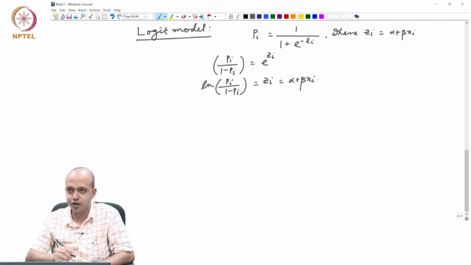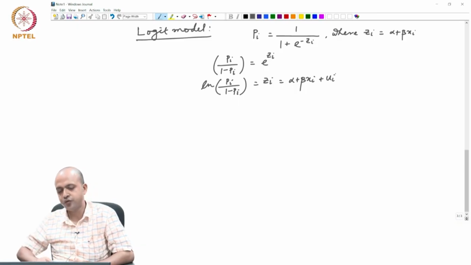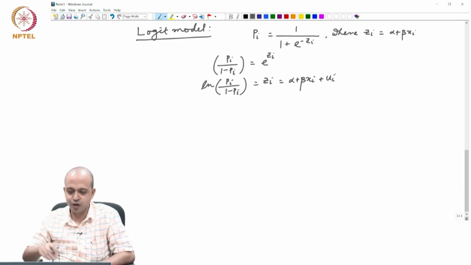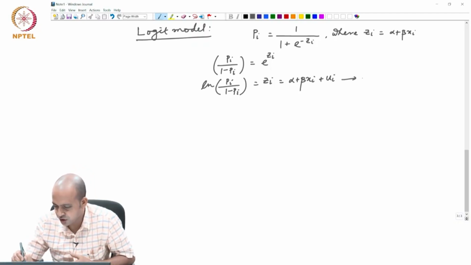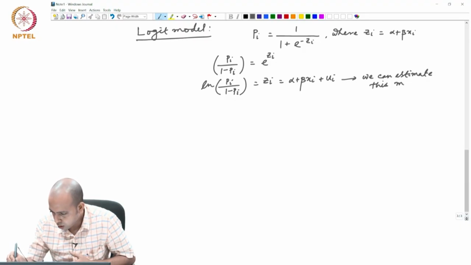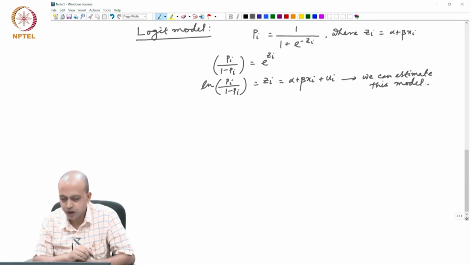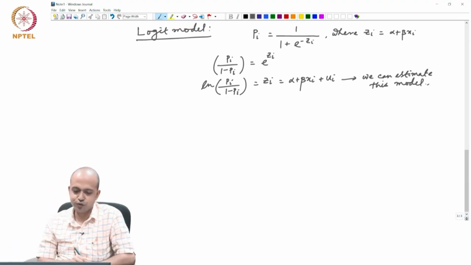So, you can add the error term here, and then that is basically the estimable function. So, this mathematical model you can convert into statistical one by adding the error term, and this particular specification you can now estimate. Right, we can estimate this model.